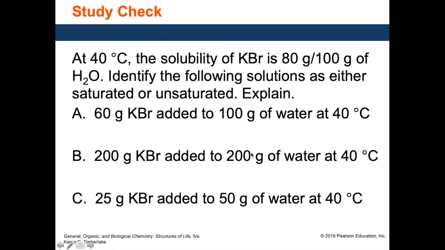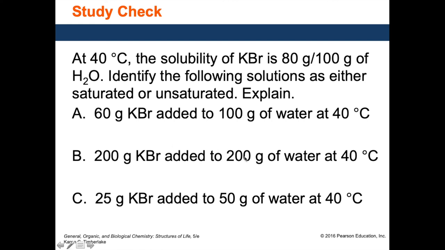We're essentially going to divide by 2. We take 200 grams of KBr, multiply by 100 grams of water, and divide by 200 grams of water, and that tells us how much KBr would be in 100 grams. In this case, we're dividing by 2.